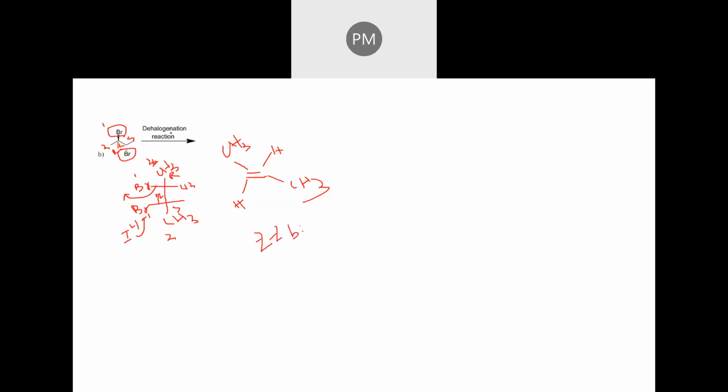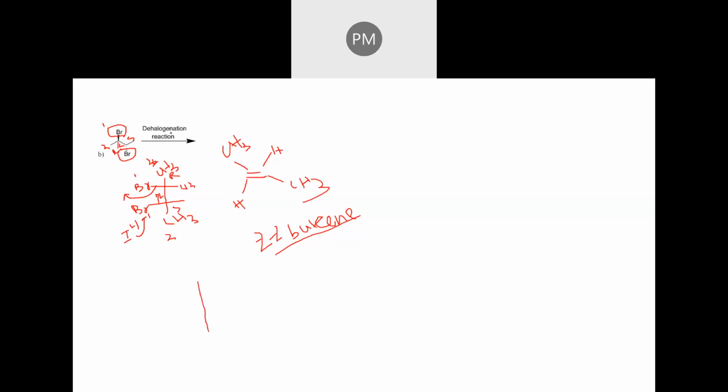A stereospecific reaction is a reaction where we get only one product. So this one is an example of a stereospecific reaction.